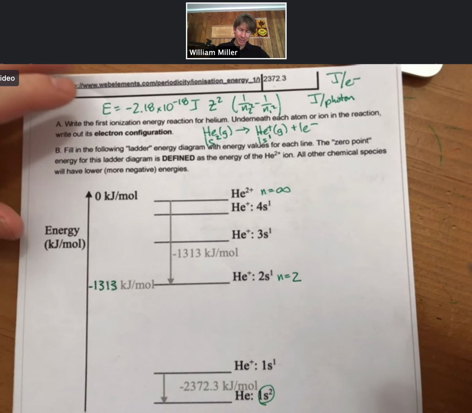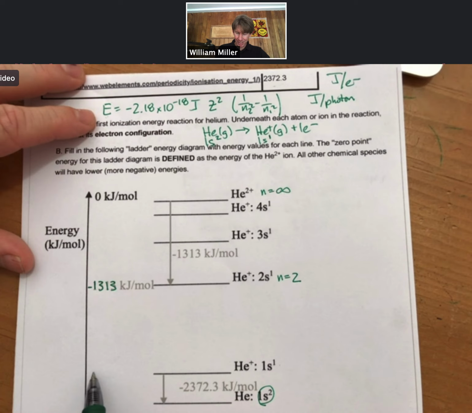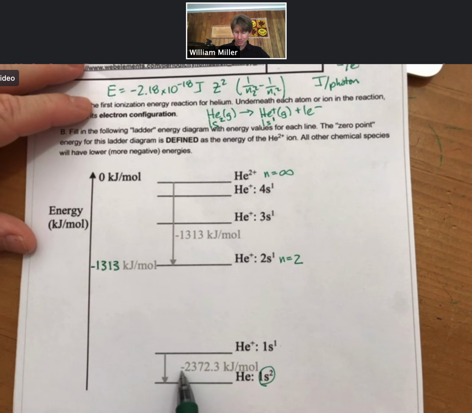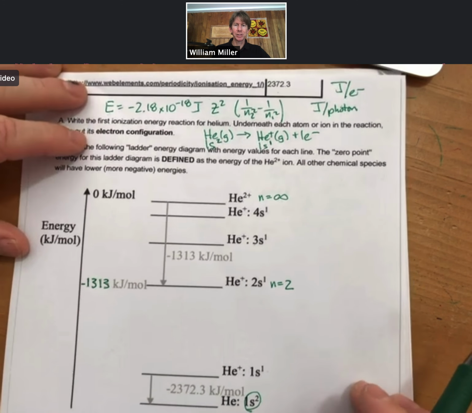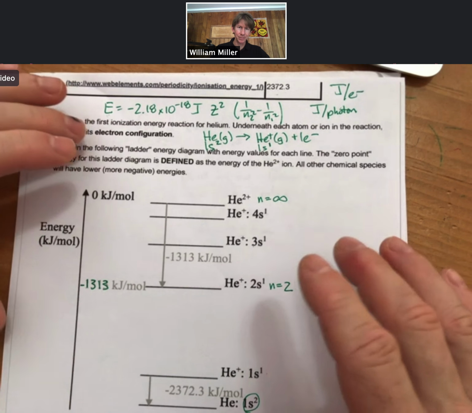But you can just get all the way down here, and let's say this is, I don't know, minus 10,000 by the time you get down here, then this would be minus 12,372 because it's minus 2372 lower than whatever you get for this number. And that's a brief tutorial on how to solve this part of this problem in particular.